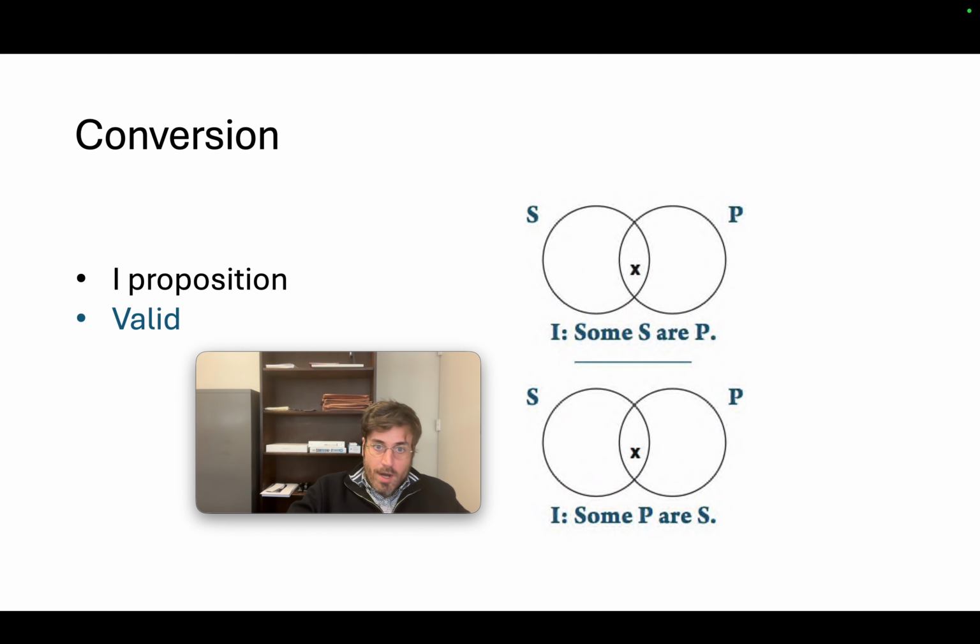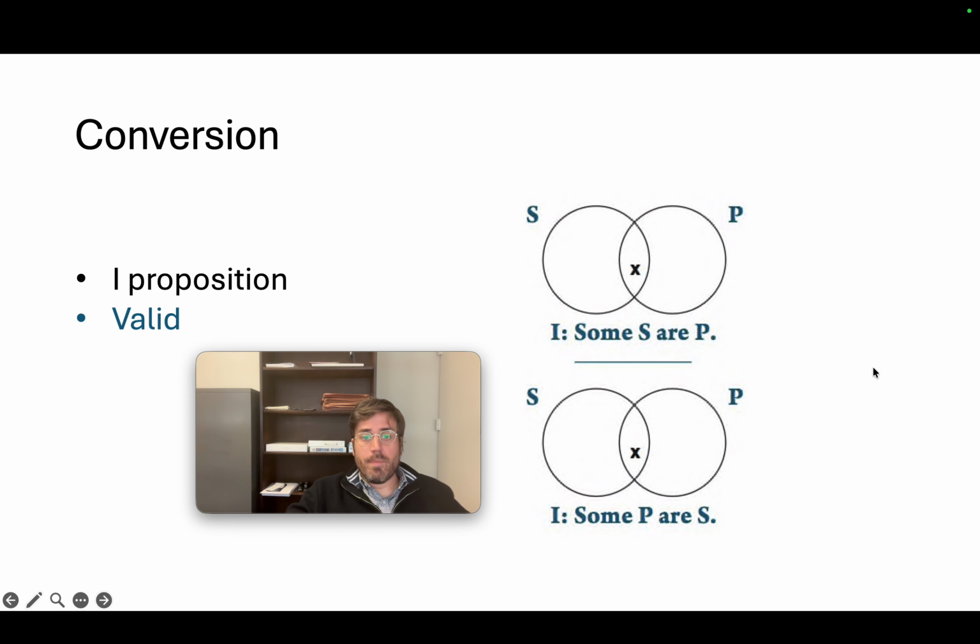There is at least one member of the predicate group that is also a member of the subject group, and region 2 is the only place that denotes that. So these two statements are logically equivalent, and so conversion is always valid for I propositions. Again, no new information here, just essentially a visual representation of why conversion is always valid for I propositions.